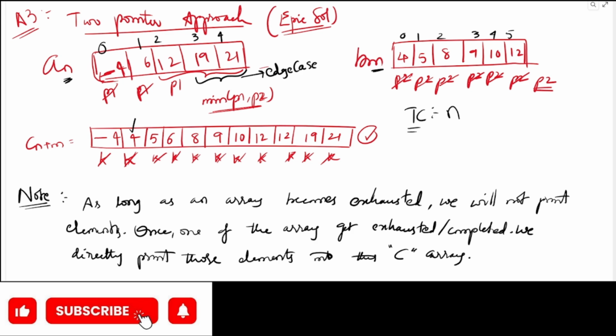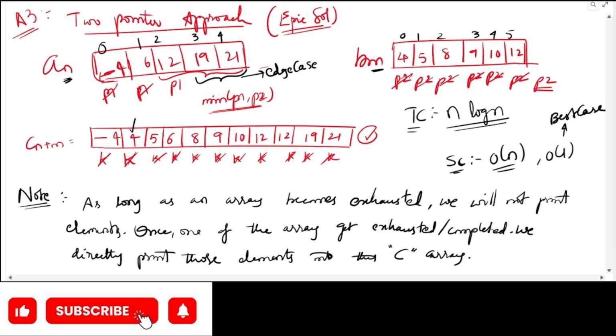So n elements are existing and log n times. And obviously the space complexity, that is we go n in worst case, and we go O(1) in best case. So this is worst case WC and this is best case.